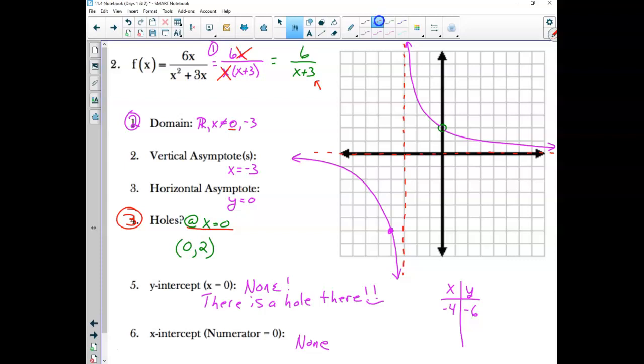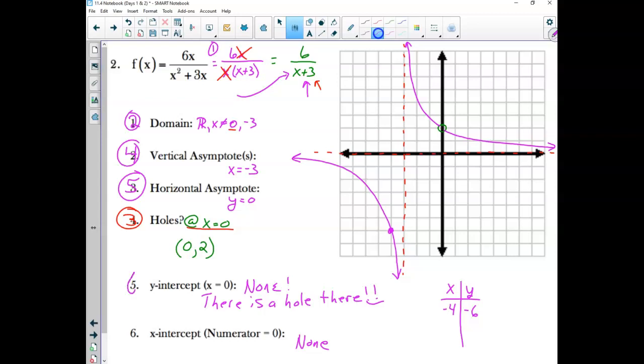Then from there I proceeded to do my vertical asymptotes, technically number 4, and I graphed my vertical asymptote at -3 because my reduced function still had a -3 in it that made it undefined. Number 5, I found my horizontal asymptote off of my reduced function again, and I could see the top was smaller than the bottom as far as powers of x, so it was y equals 0.